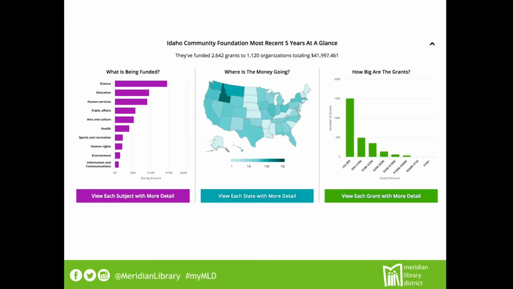So it looks like they fund a lot of science and education as well as human services in their top 3. And then most of that funding is here in Idaho. And most of those grants are under $5,000. So when you're on site, you can click into these graphs and dive into that detail a little bit more.